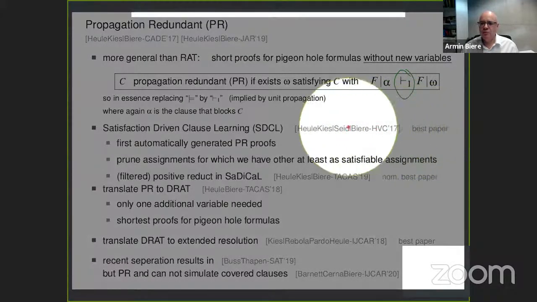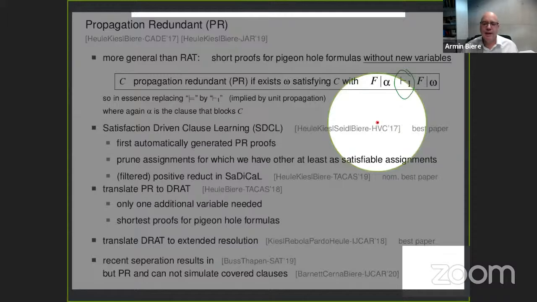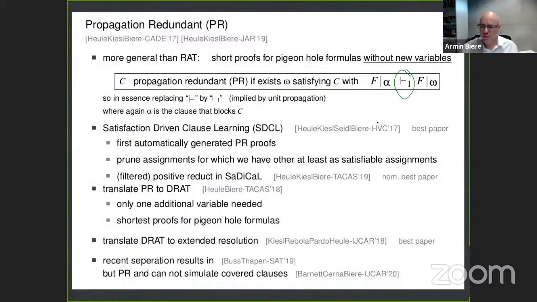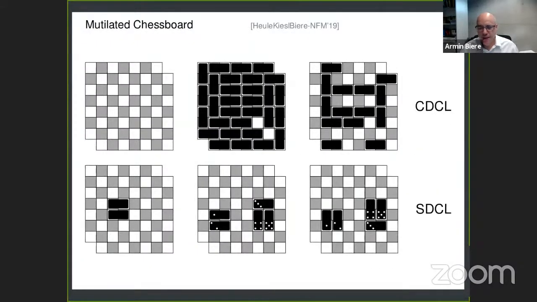We knew that the reviewers would ask, did you also try SDCL on competition benchmarks? Of course, we tried. The SDCL solver, which I implemented, is called Sadical. You can Google it if you want. It could not solve a single instance from the competition, which is really bad, except for these MChess instances.